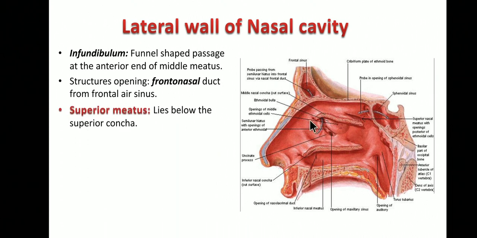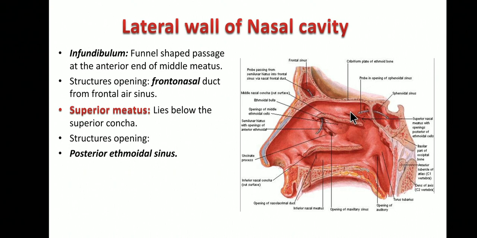Then the superior meatus, you are able to see here, that is the superior meatus below the superior nasal concha. The structure opening into the superior meatus is your posterior ethmoidal sinus. So all the sinuses are draining into the lateral wall of your nasal cavity. That is the posterior ethmoidal sinus.